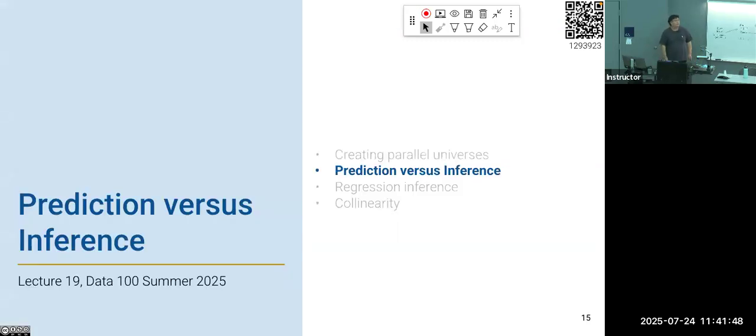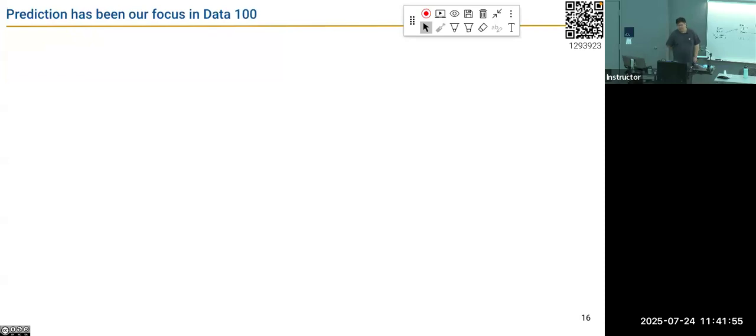All right. So far, this is a summary of what we have done. So far, we have been focusing on prediction tasks, even these estimation tasks.